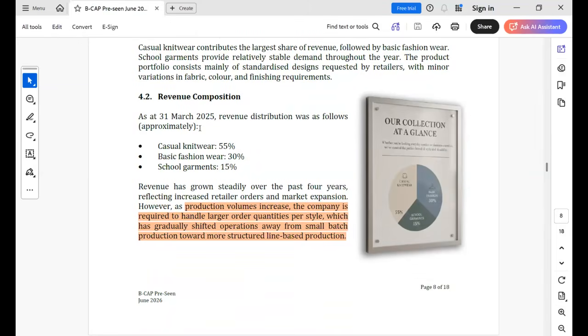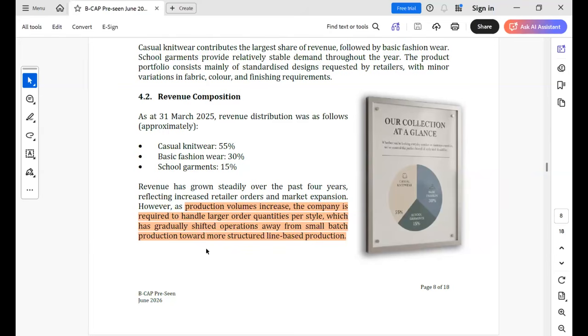However, as production volume increases, the company is required to handle larger order quantities per style, which has gradually shifted operations away from small-batch production towards more structured line-based production. There is one weakness that you can identify here.